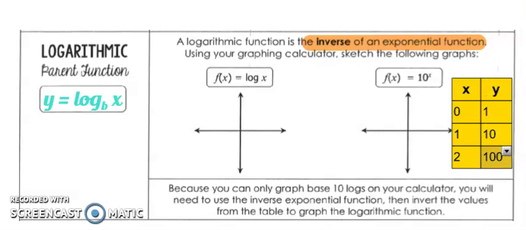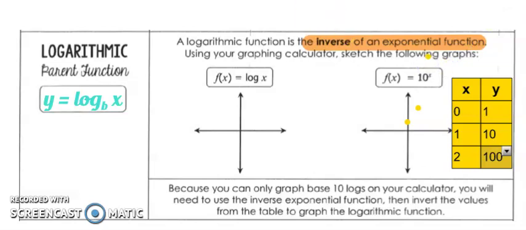So now I'm going to graph these 3 points, starting with (0, 1). I'm going to come over here to my graph and put a point roughly where (0, 1) would be, somewhere right about here. The next point would be (1, 10), again just a rough estimate, somewhere in this general area. And of course that last one, (2, 100), would be way up here.